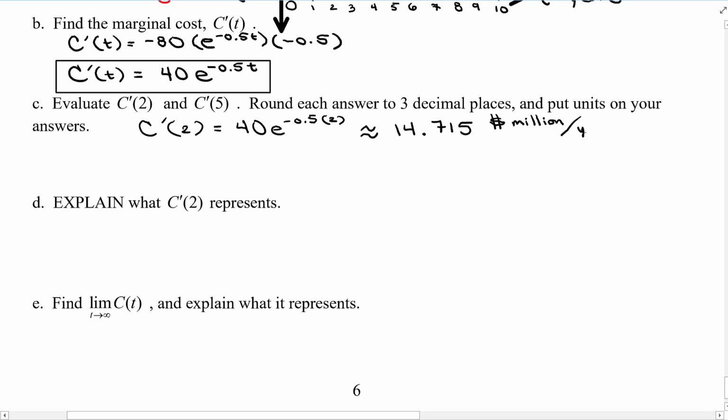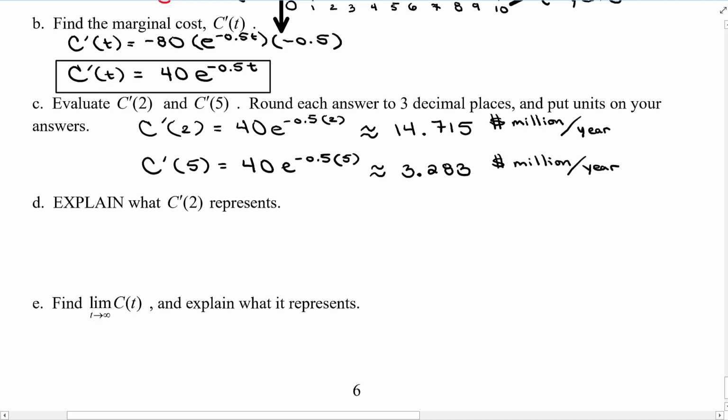So it would be $14,715,000 per year. C prime of 5 equals 40 times e raised to the negative 0.5 times 5 power, which is approximately equal to 3.283 millions of dollars per year. I'm going to box in my 2 answers that I got when I evaluated C prime of 2 and C prime of 5.